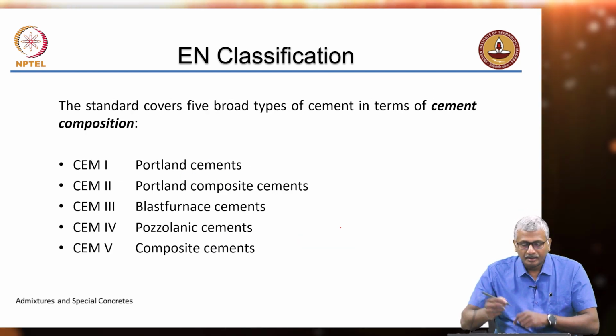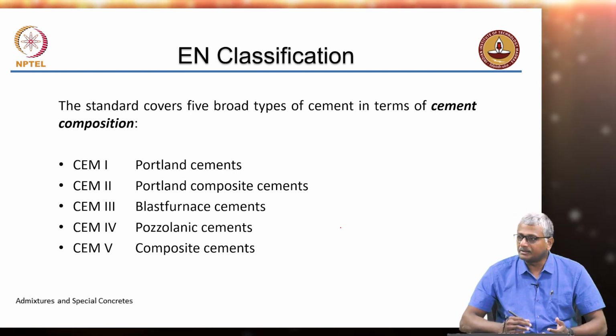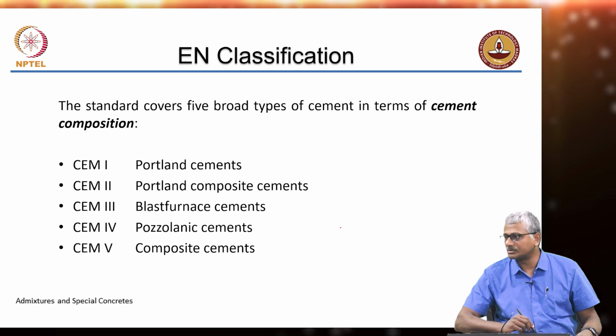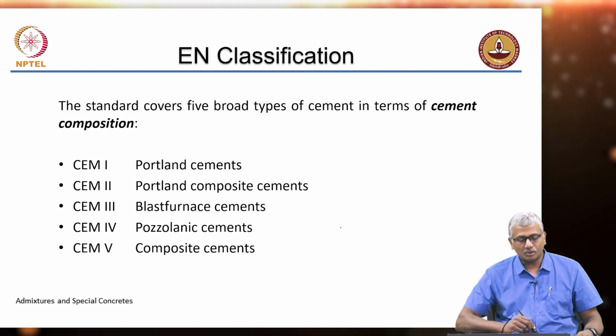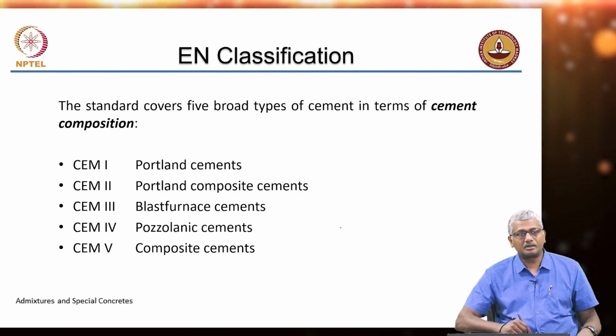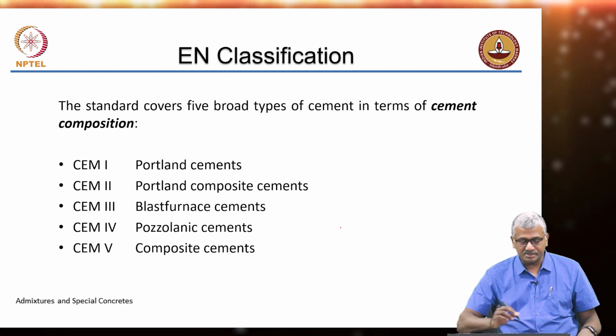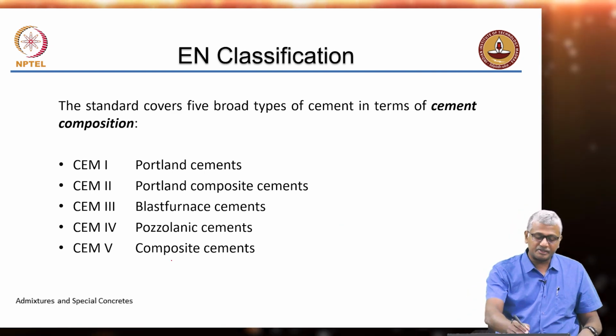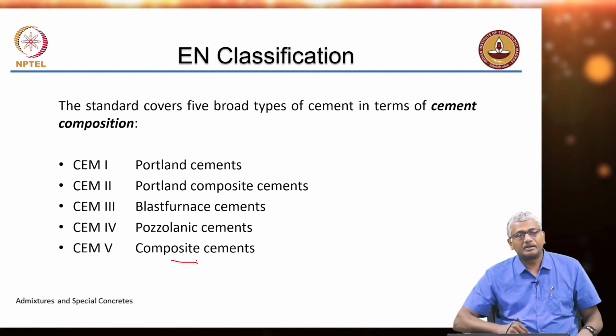Okay. EN again similar, but EN has a much more diverse classification of cements, right. So, they talk about CEM 1, 2, 3, 4 and 5, where they talk about Portland cements, composite cements, blast furnace cements, pozzolanic cements, and they have composite cements which have much larger levels of substitution.